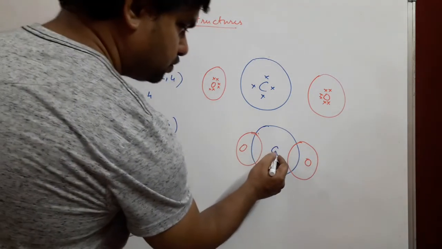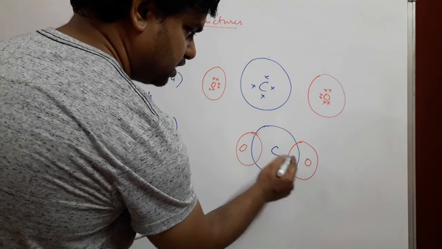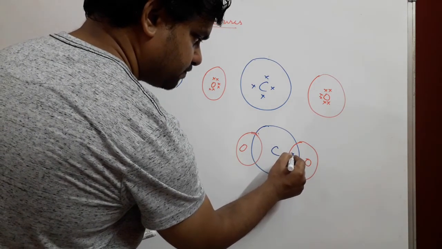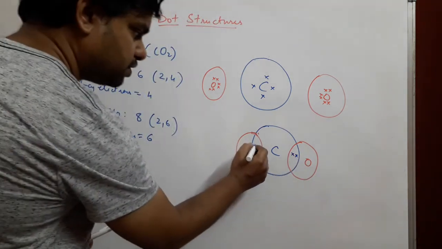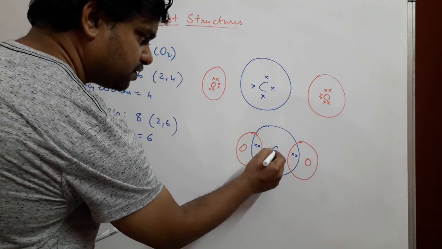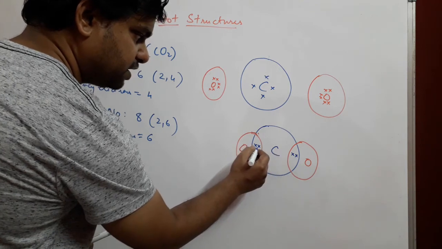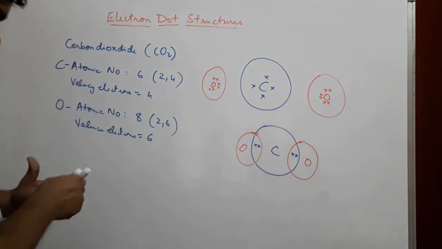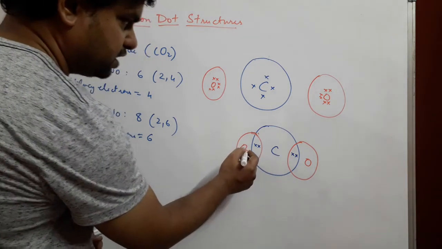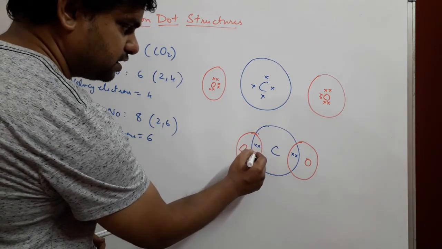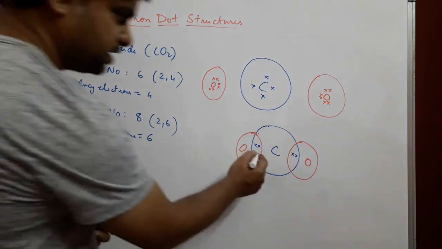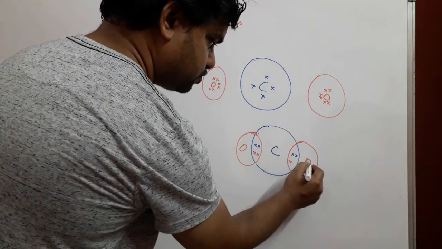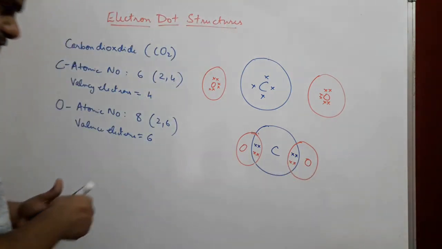Now 2 electrons of this carbon get shared over here, and the other 2 electrons of carbon get shared with this oxygen atom. Now this oxygen atom has 2 electrons that it can share with carbon, so it gets shared over here, and 2 electrons from this oxygen atom.